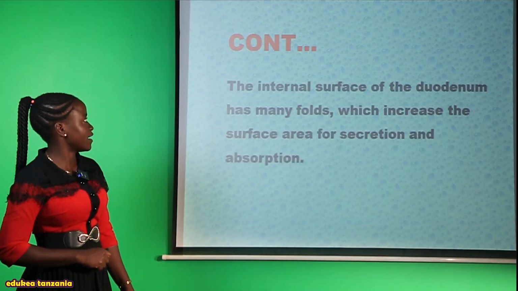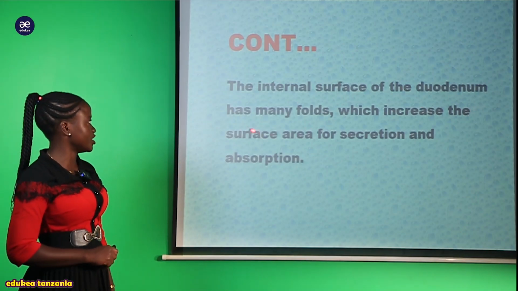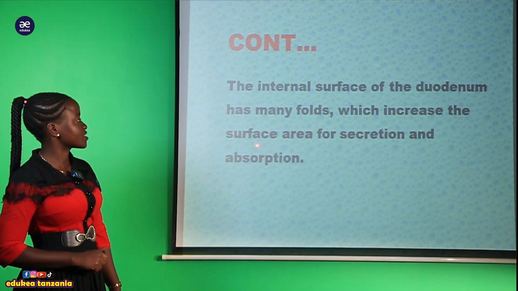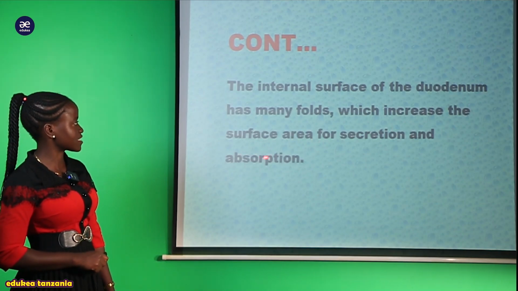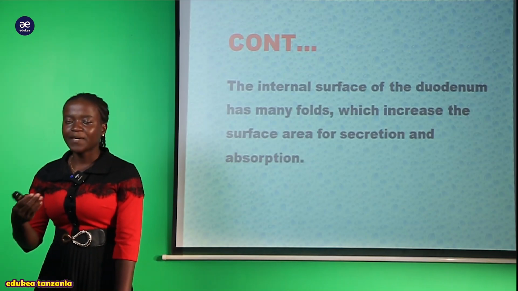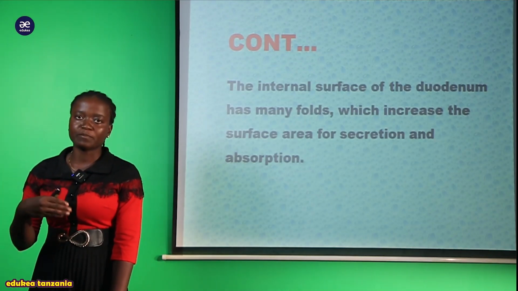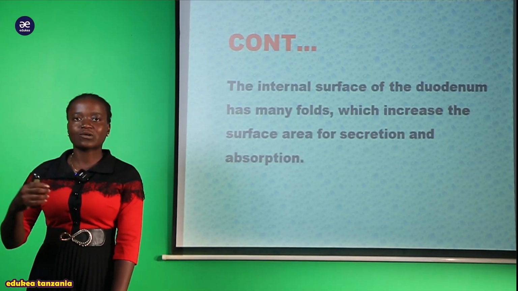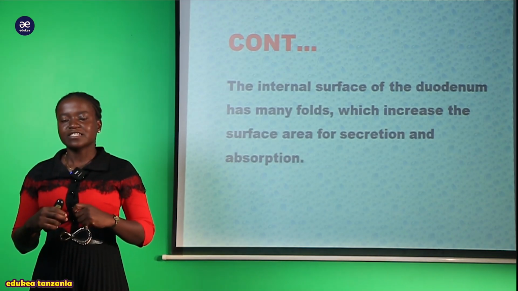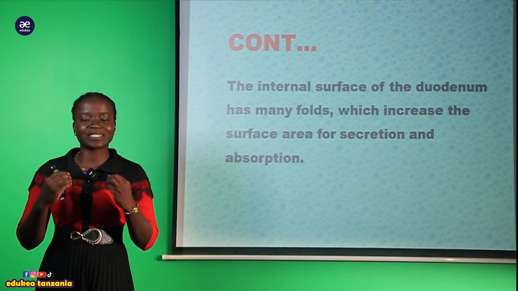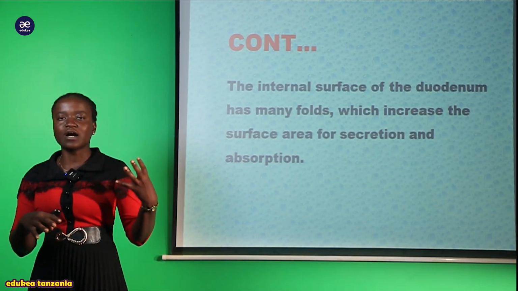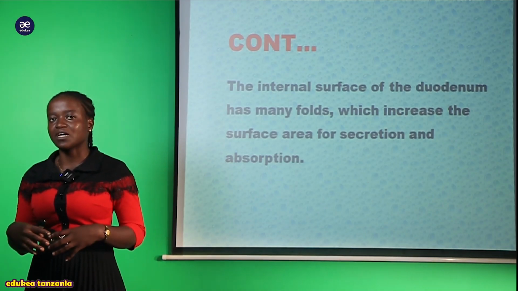And also the internal surface of the duodenum has folds which increase the surface area for secretion and absorption. Kwa ndani pia ya tumbo wa huyu frog, mainly kwenye duodenum, tunasema kuna the presence of folding. Zile mikunjo ambayo inapatikana ndani ya duodenum ndio ambayo ina increase the surface area for absorption and secretion of the material.